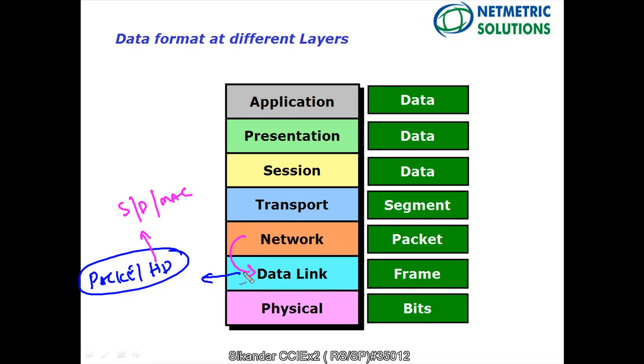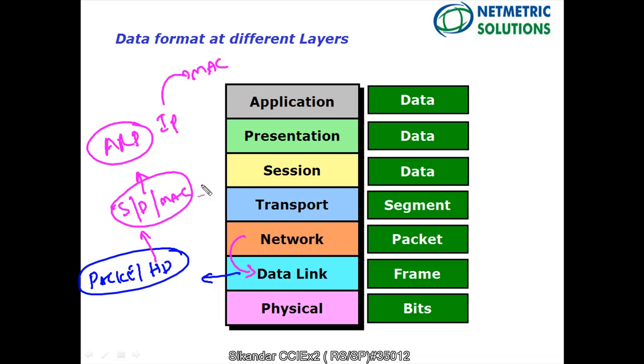When it reaches the devices, the switches do not understand IP addresses, they only understand MAC addresses, and there is a protocol called ARP which resolves the IP address into its equivalent MAC address. So the data link layer identifies the device within the network segment based on the MAC address, and we call it layer 2.